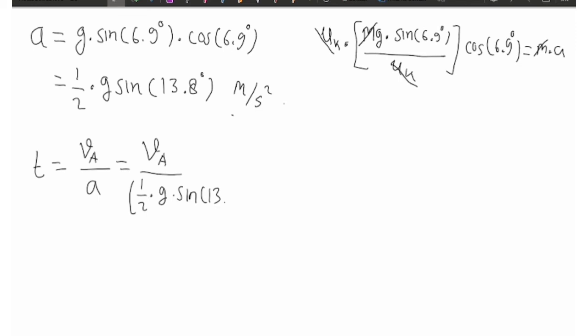Substituting the values based on the problem, this equals 1.4 divided by half times g.